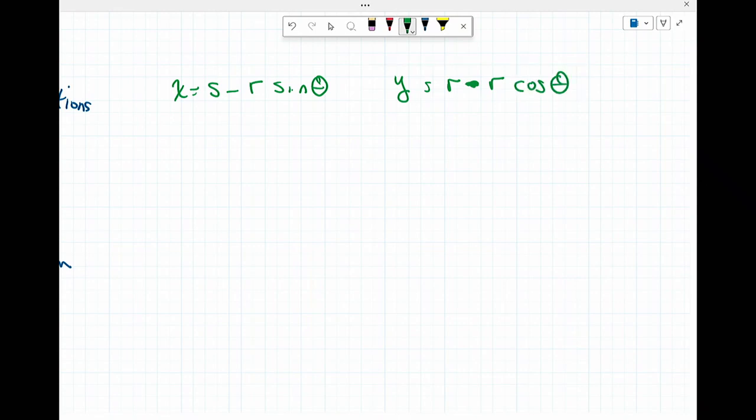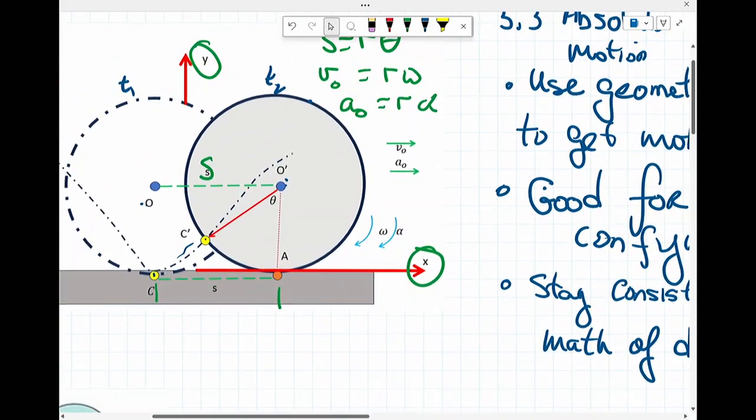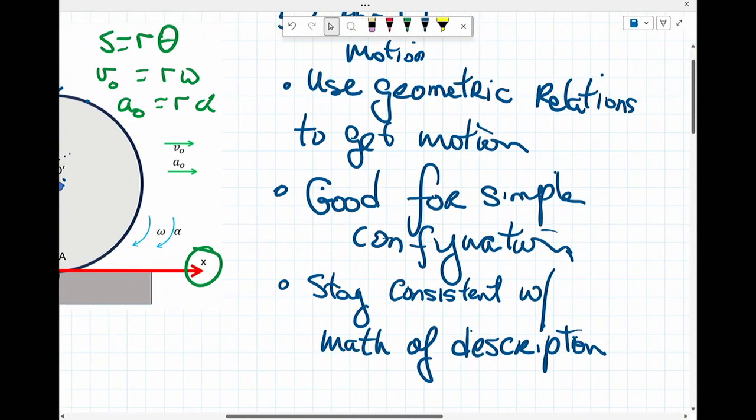My x and y position as a function of time of a point on the body is going to depend on how far I've displaced, and I look at the geometry here. I have x along this direction, I have y, and I have to consider what's going on there.